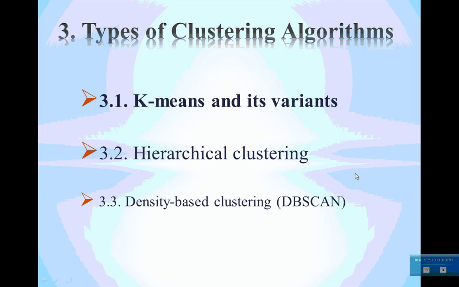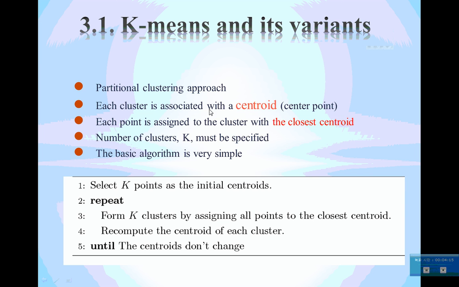Now we are going to introduce the main part, the clustering algorithms. Actually, the first 2 teams already introduced k-means, but here I will go into more detail on this part.